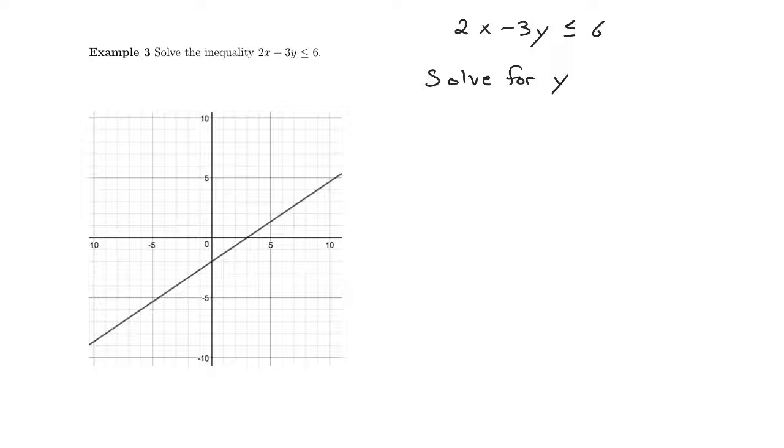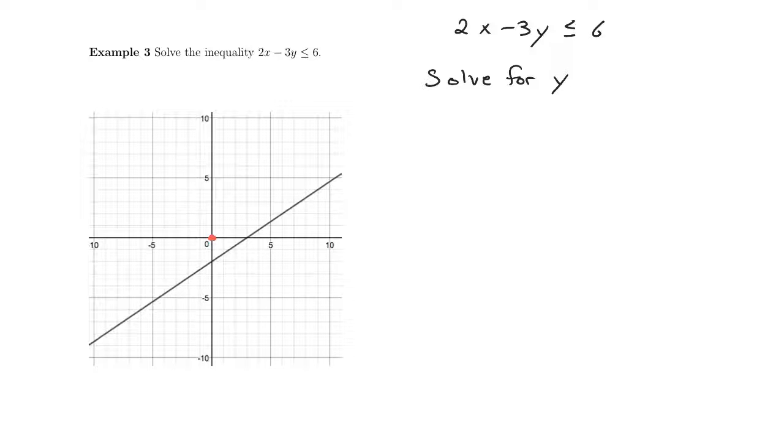Or you could just start by choosing a point to see if you think it works. So I'm going to take that approach. I'm going to choose a point. I'm going to choose (0, 0). If this point makes the inequality true, I know that this is the correct region. And if it doesn't work for this point, then I just know it's the other region.